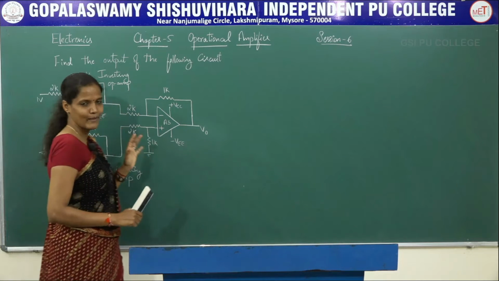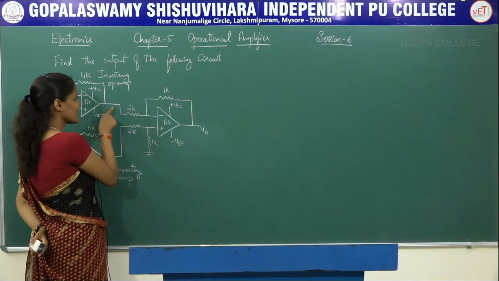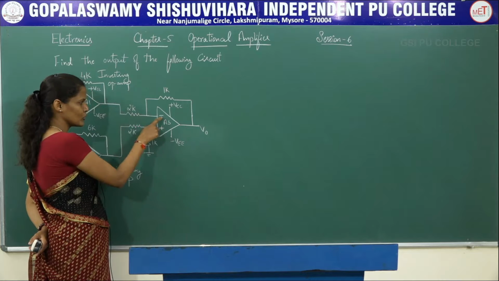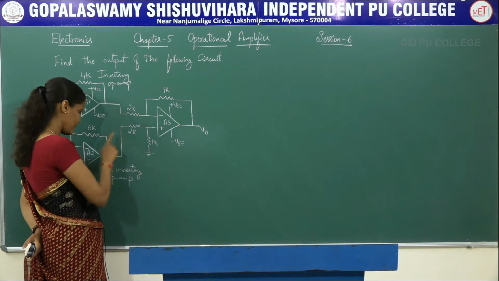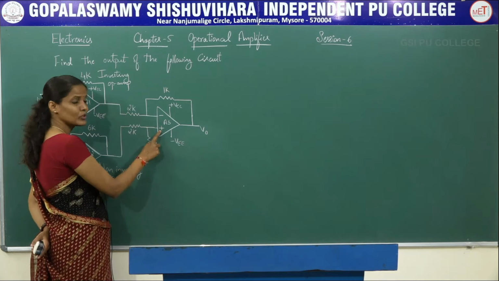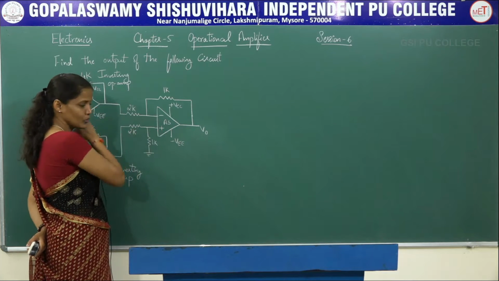Coming to the third amplifier circuit, that is A3, here the output of the first amplifier, A1, is connected as input to the inverting terminal of A3 through 2K. The output of A2 is connected as input to the non-inverting terminal of the op-amp through 2K.